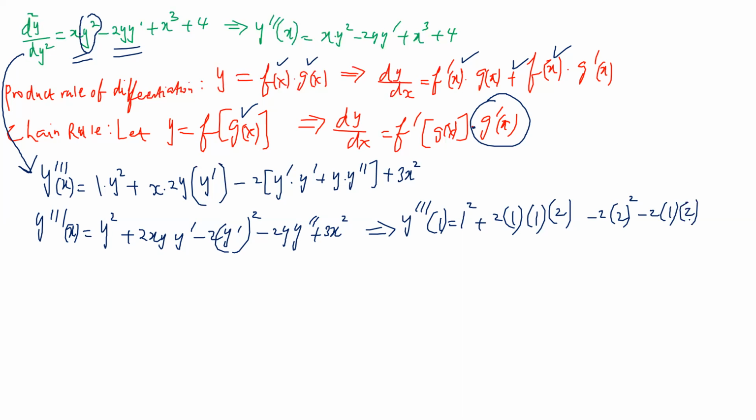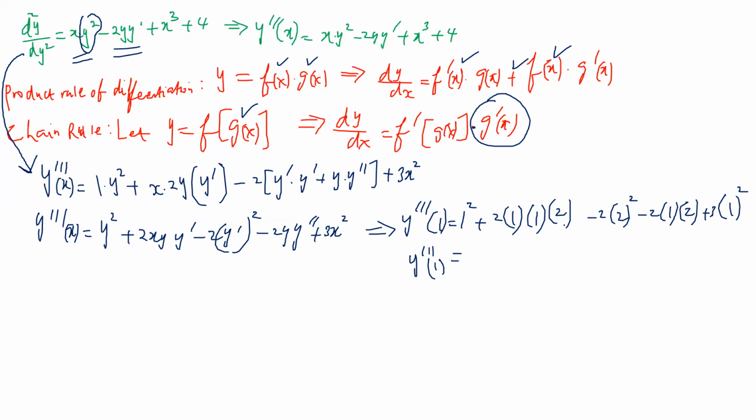How far are we? It's minus 2 that, then plus 3, with x being 1, and then you square that. So y triple prime at 1: you have 1 plus 4, 5, and 2 by 4 is 8.